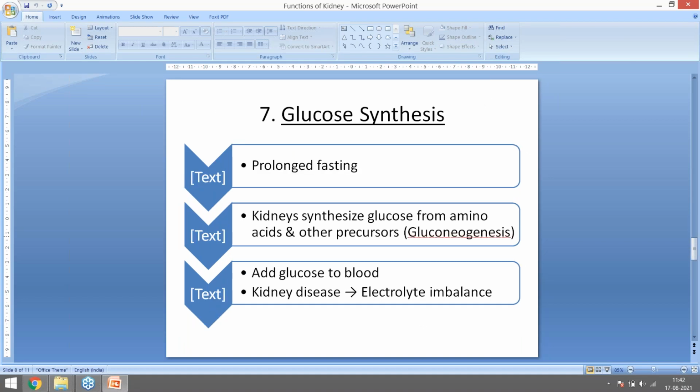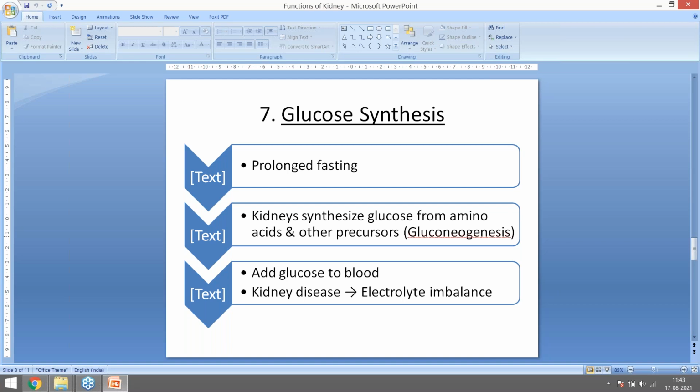Then glucose synthesis. So you may have generally heard that if there is a situation of prolonged fasting or starvation in the body, we generally learn of the body making glucose from other sources, like amino acids or other precursors, which is also a process called gluconeogenesis. But we have often heard that is mainly done by the liver.